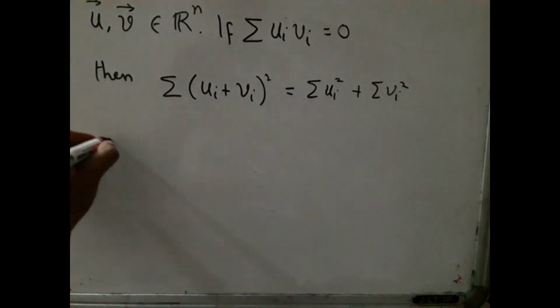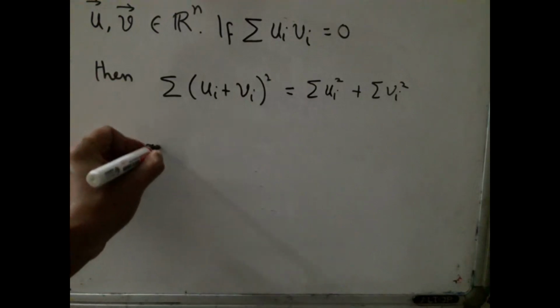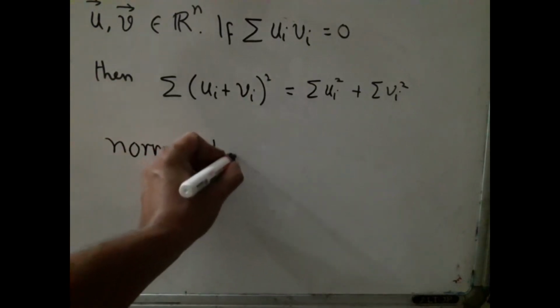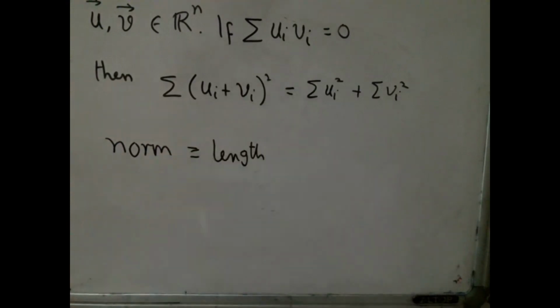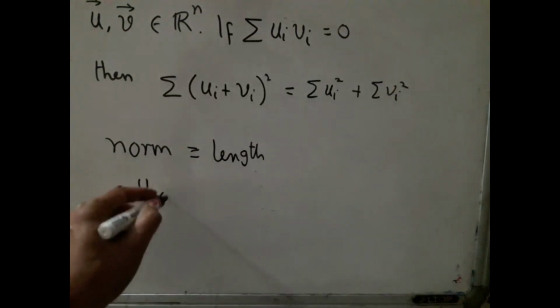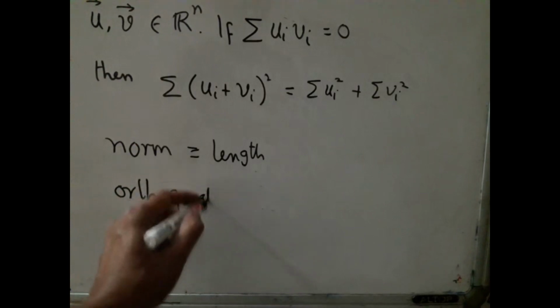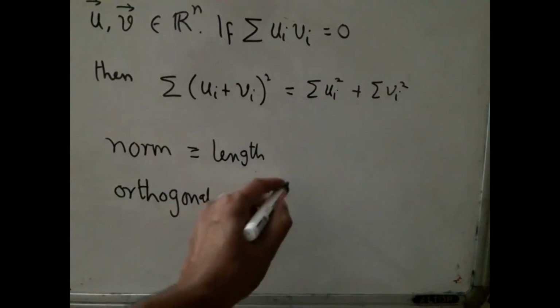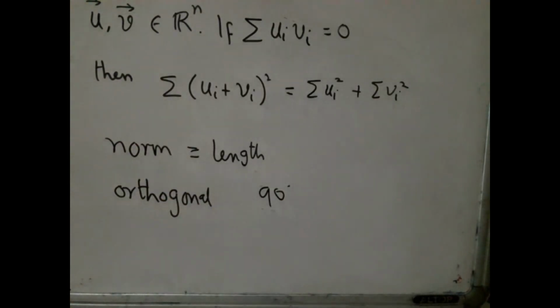So I just use the term norm to mean length, because we do not really want to say length in case of a dimension higher than 3. So we use the term norm, and similarly we do not want to usually use the term 90 degrees. We call it orthogonal when we want to say that they are having a 90-degree angle between them.